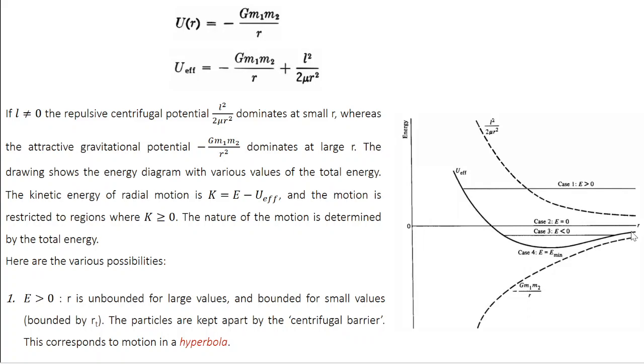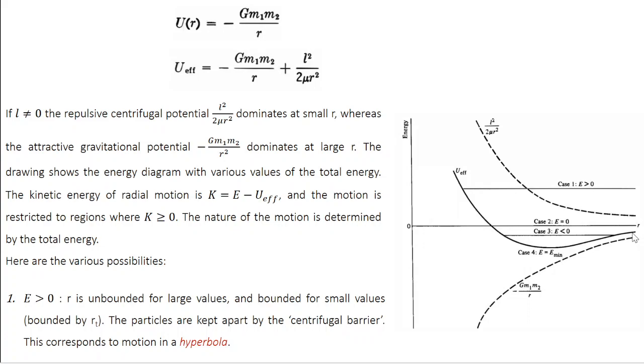You can have any value of r towards the right side. You can have infinite value for r. It doesn't matter, because even at infinity, you can see that the effective potential energy is lower than the total energy, which is perfectly valid. So on the higher side of r, the motion is unbounded. There is no limit to the separation distance.